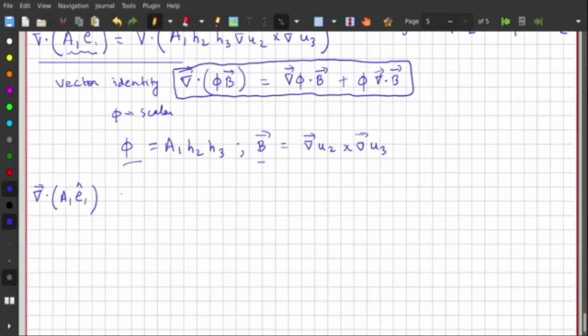That is the divergence of E1 H2 H3 grad U2 cross grad U3.